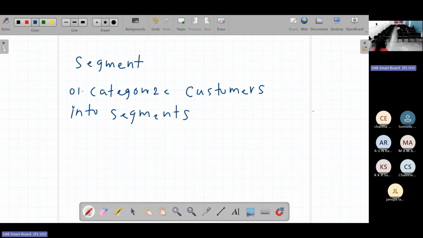Example, car manufacturing company producing luxury, economy, and sport vehicles, based on customer income level.